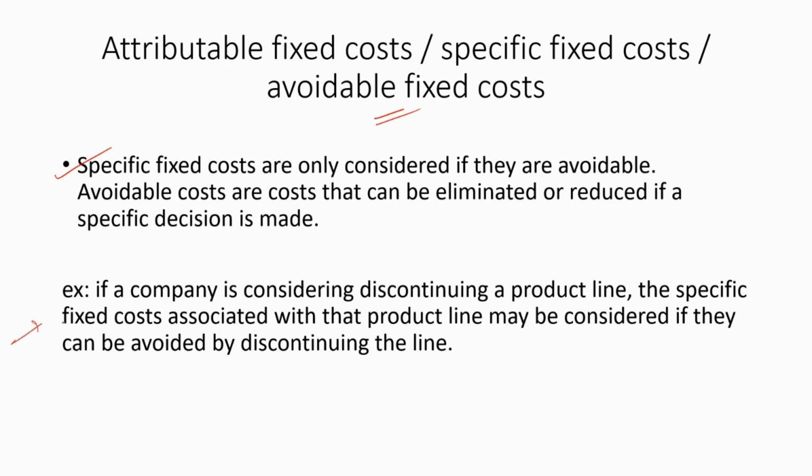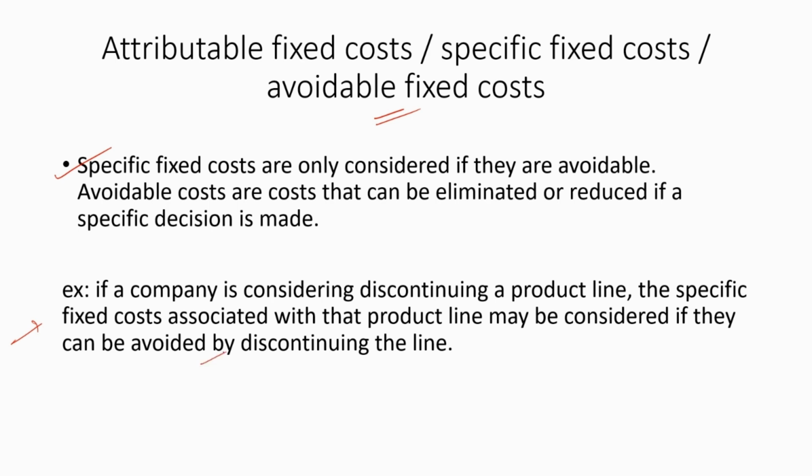For example, if a company is considering discontinuing a product line, the specific fixed costs associated with that product line may be considered if they can be avoided by discontinuing the line. This means all the fixed costs that are specific to the decision can be treated as a relevant cost when it comes to decision making.